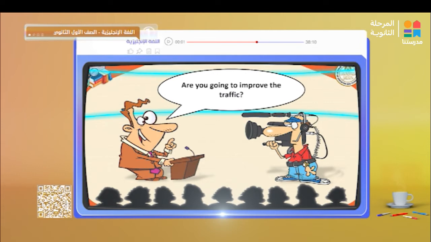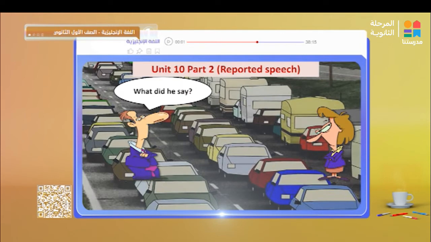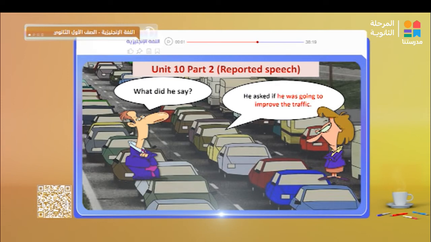How can we report this question? Let's see what did he say? He asked if he was going to improve traffic. So in the original sentence, are you going is changed into he was going. And of course it's a question, so we say he asked.